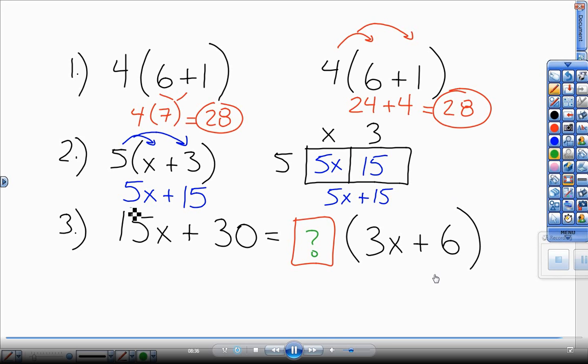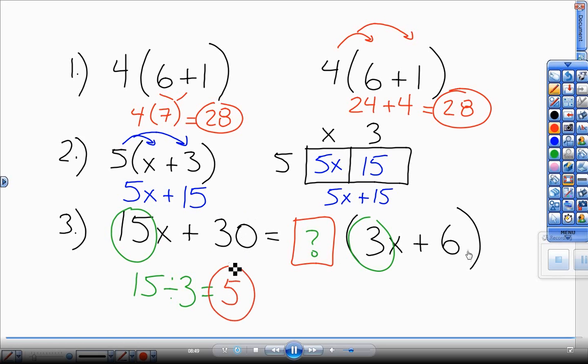And the last one, the only number that's going to work is if I take a look at these two coefficients, the number in front of x, 15 divided by 3, and then if I compare that to 30 and 6, these two constants should be the same number, which it would be, which would be 5.